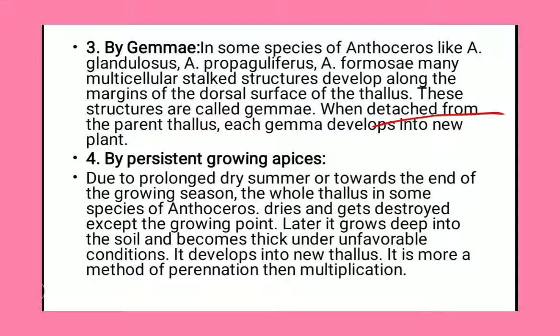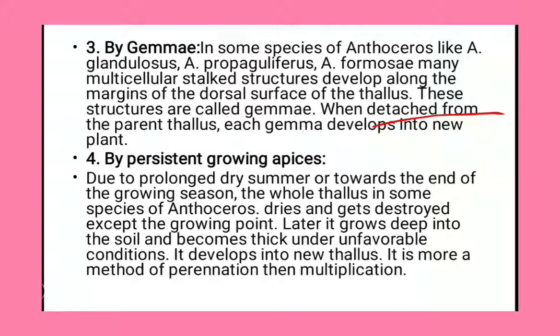Then there is the persistent growing apex, due to a prolonged dry summer. Toward the end of the growing season, the wall of the thallus in some species of Anthoceros dries and gets destroyed except the growing points. Later, it grows deep into the soil and becomes thick, and under favorable conditions it develops into a new thallus. It is more a method of perennation than multiplication.